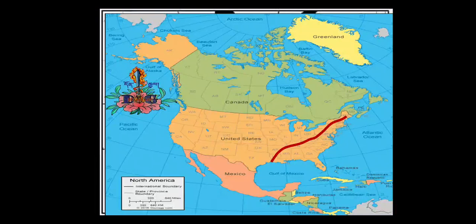It connects the Gulf of Mexico with northeastern American cities. This pipeline carries oil from the Gulf of Mexico and supplies the northeastern USA side cities.